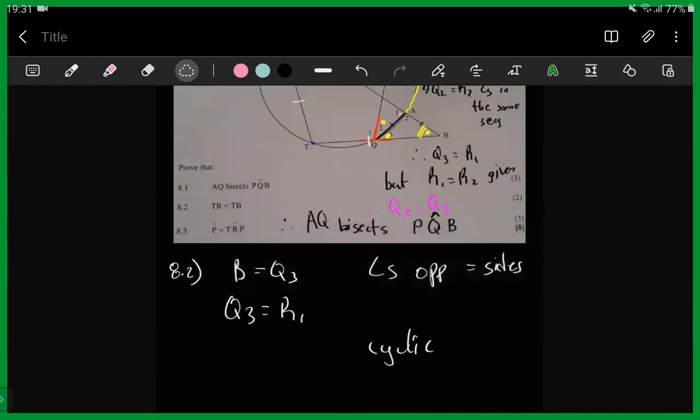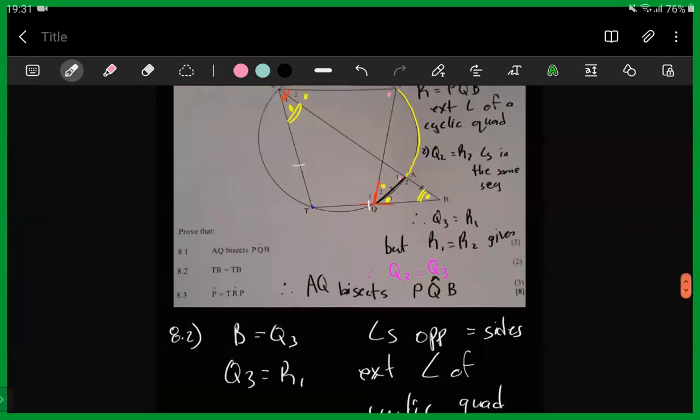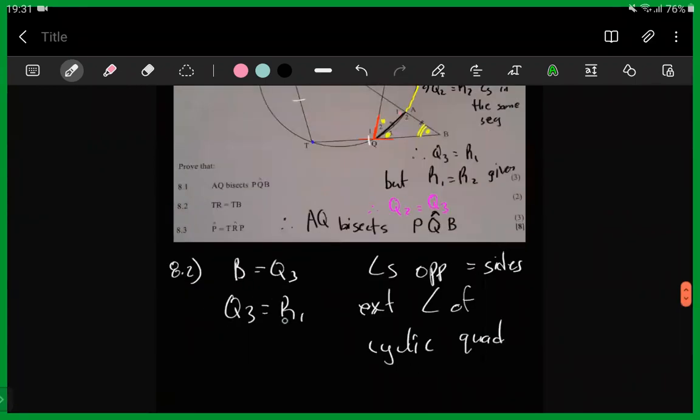Exterior angle of cyclic quad. And then, since we have now said that this is equal to this, and we have said that this is also equal to that, it means that since they're both equal to the same thing, you see Q3 is equal to R1, Q3 is equal to P. It means that therefore, as a conclusion, P is equal to R1.